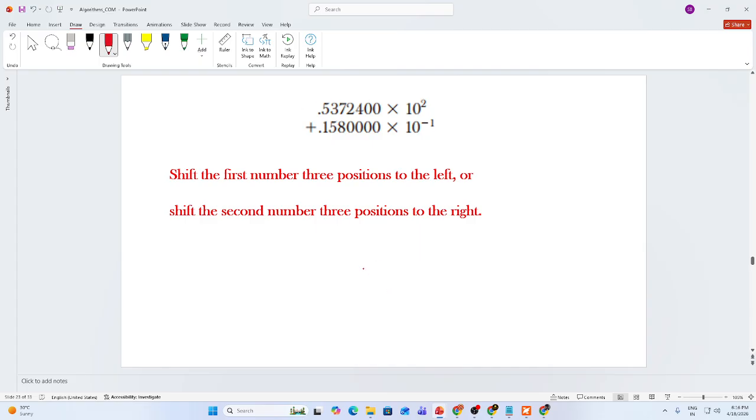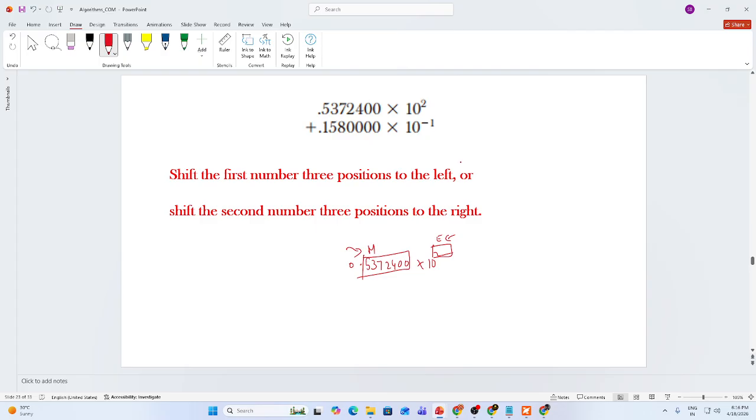For example, you take this number 0.5372400 into 10 square. So this is the mantissa and this is the exponent. Okay, I told that mantissa is normalized, so it's already normalized. So the exponent we store in bias form, right, you know this.